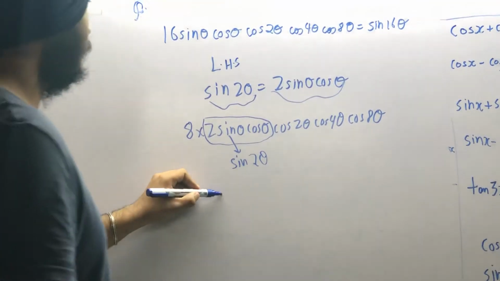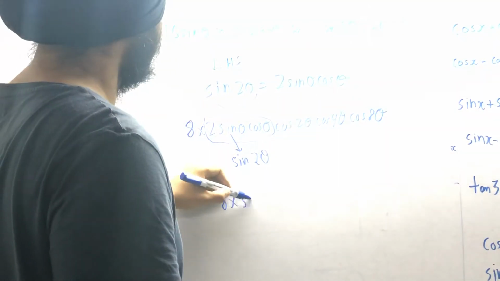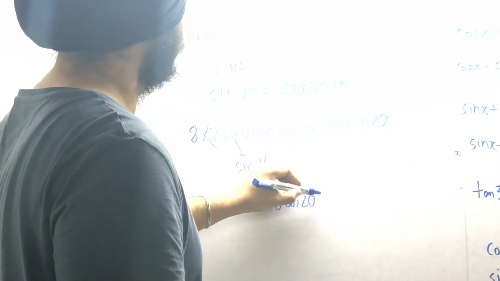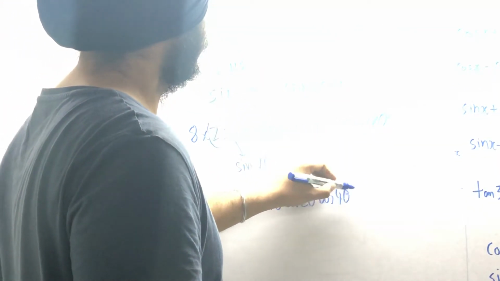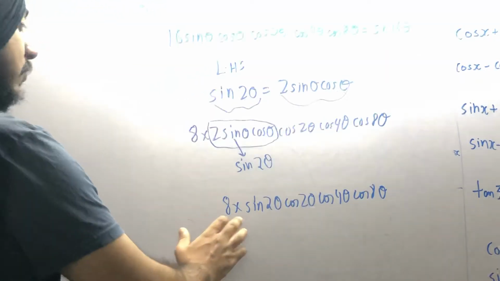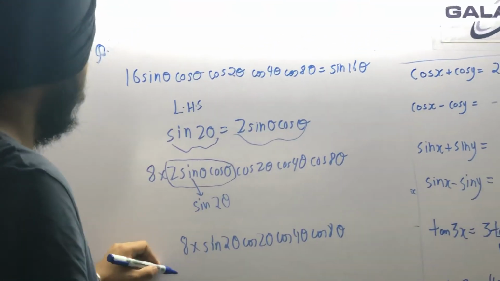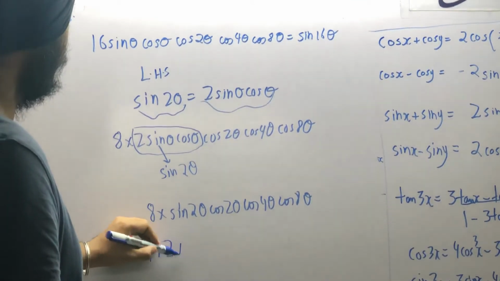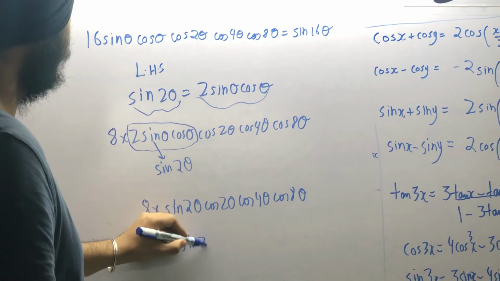Now the equation is something like this. Write 8 in the form of 4 into 2 into sin 2 theta.